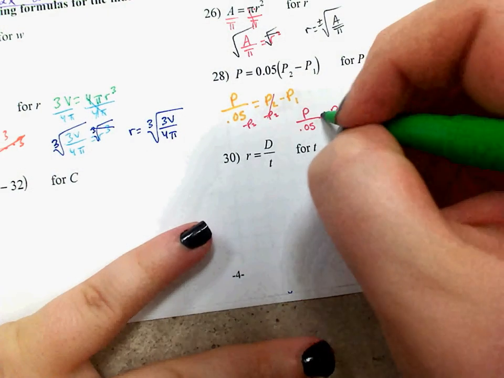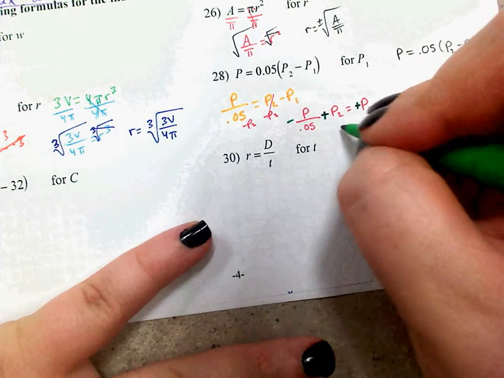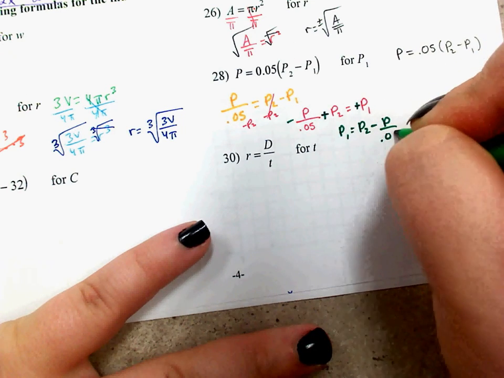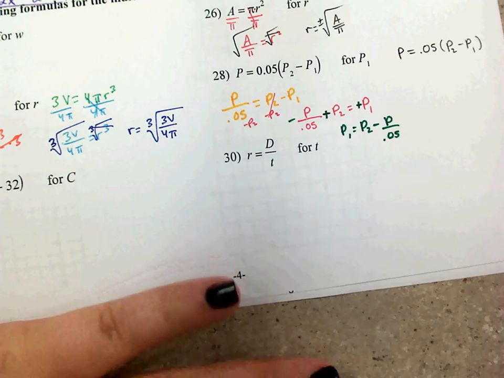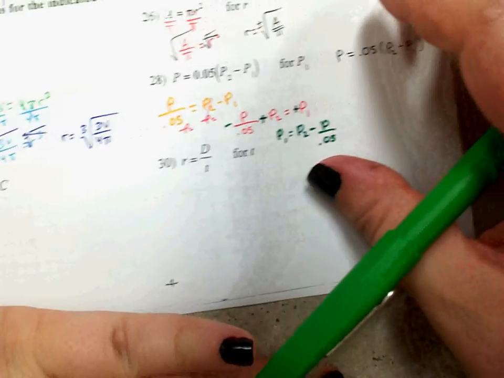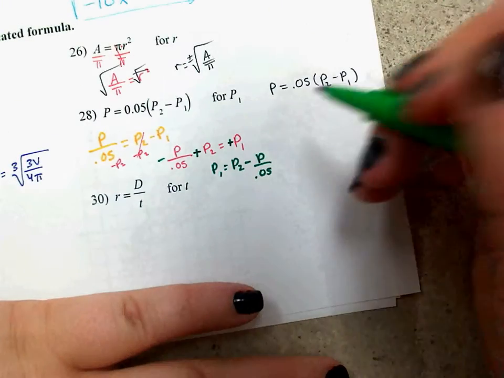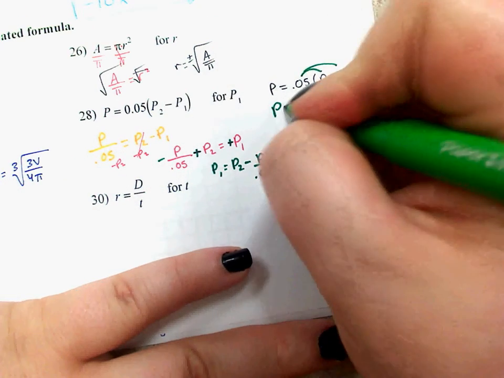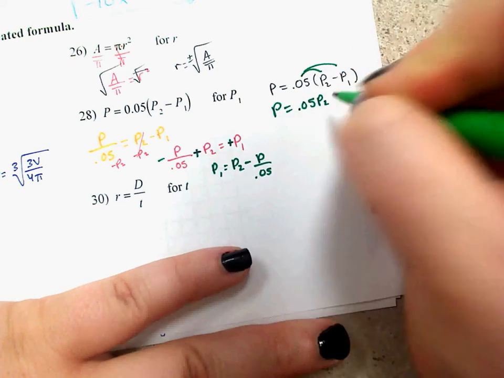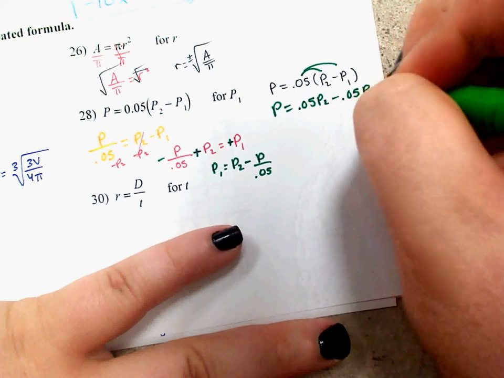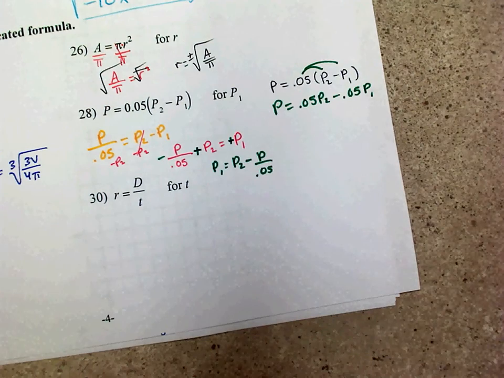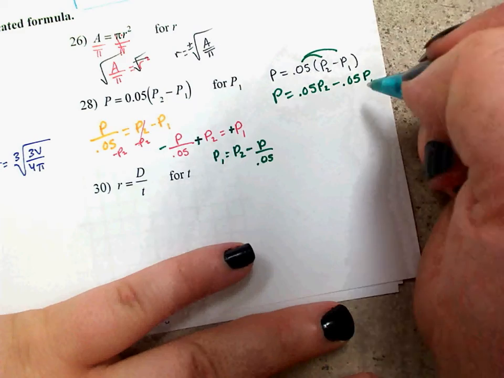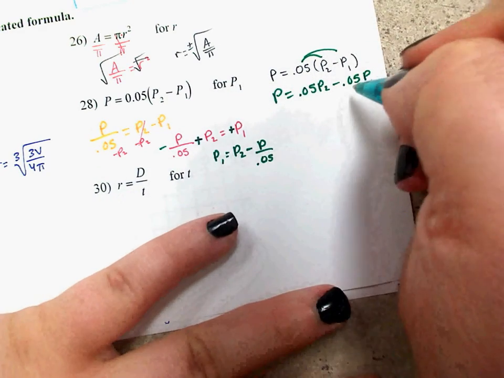This option, what I'm going to show you here, makes it to where you don't have two different expressions. So if you distribute 0.05, you've got p equals 0.05 p sub 2 minus 0.05 p sub 1. I'm going to add this over here and subtract this over there to make this positive. So 0.05 p sub 1 equals 0.05 p sub 2 minus p.